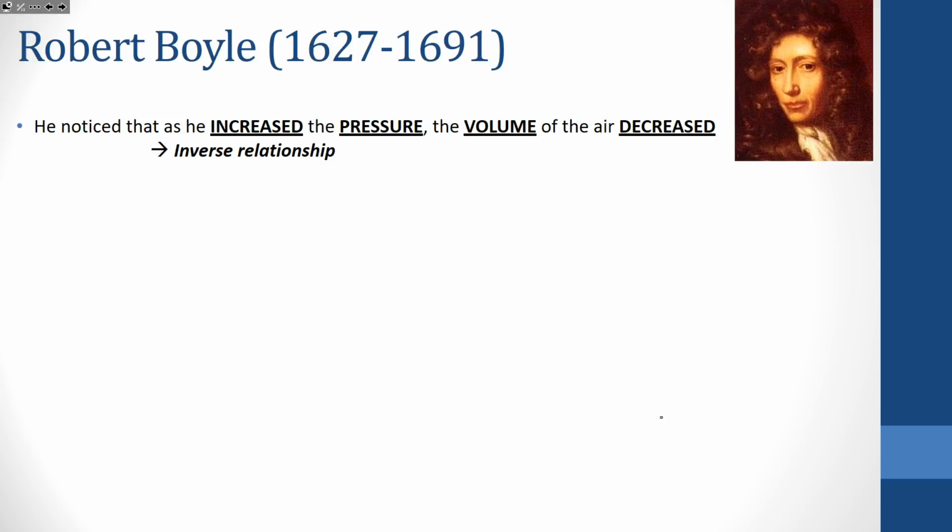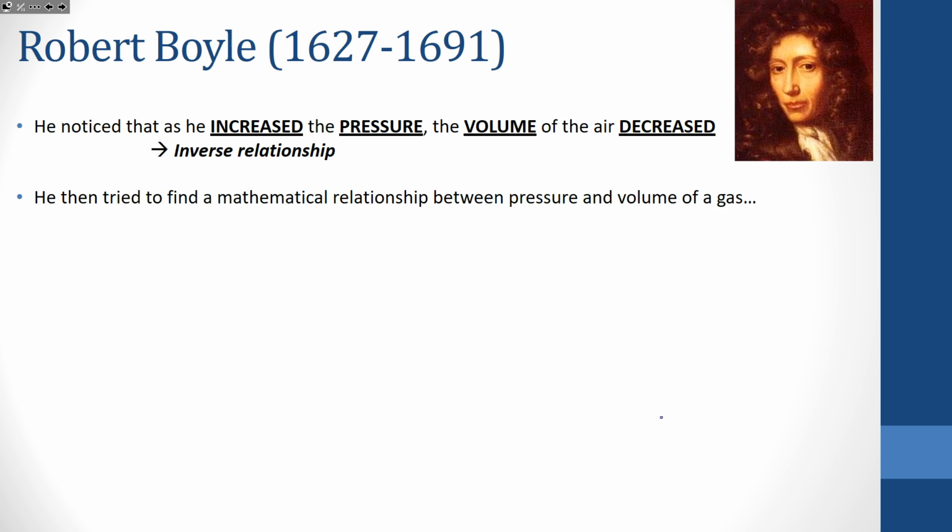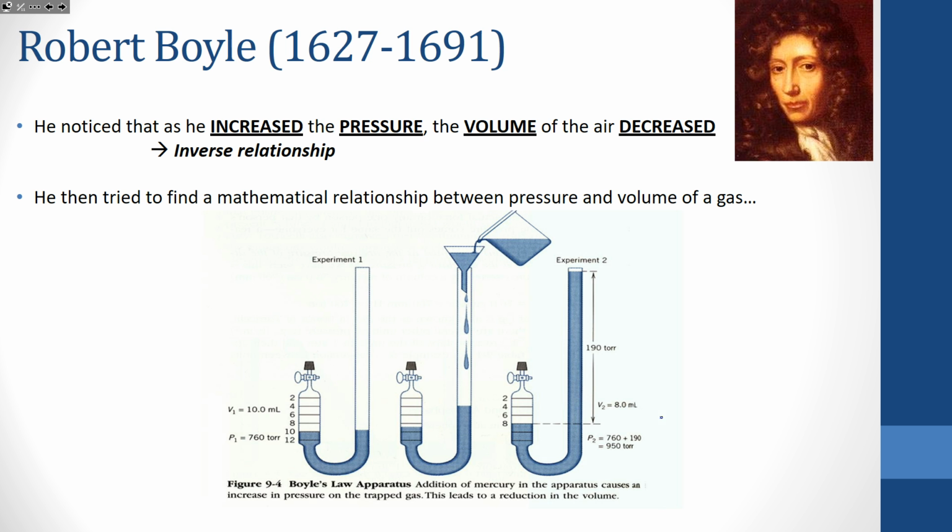If something's direct, both variables go up or down together, whereas with inverse, one goes up and one goes down. Boyle tried to find a mathematical relationship for this, and in order to do so, he did his experiment, measured a bunch of volumes at different pressures, and collected those results.